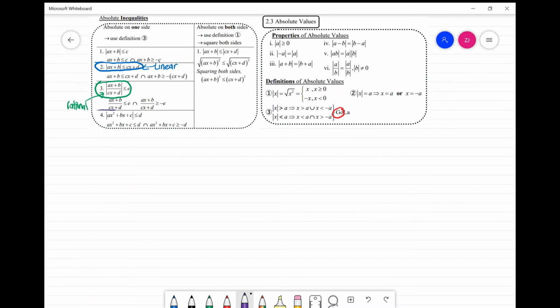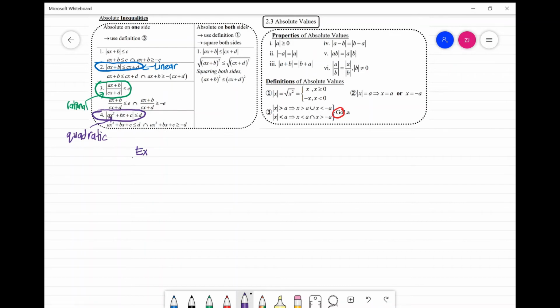For the fourth type of absolute inequality, with absolute value on one side, we are going to have this absolute inequality with a quadratic expression inside the absolute value. How do we solve this? Actually the same thing, we use the definition. Now let's see an example.